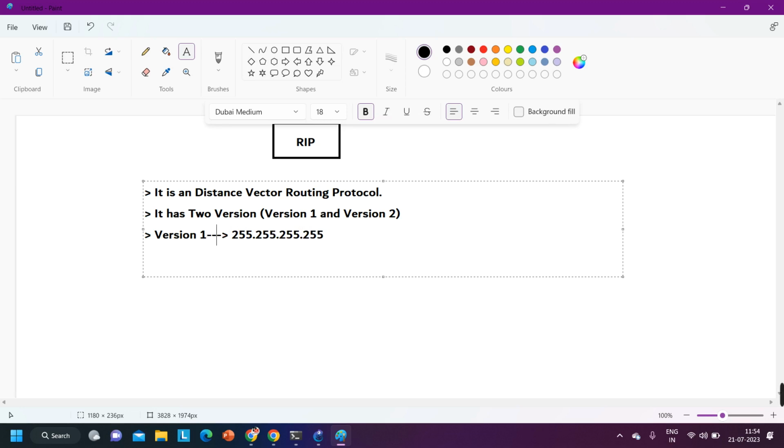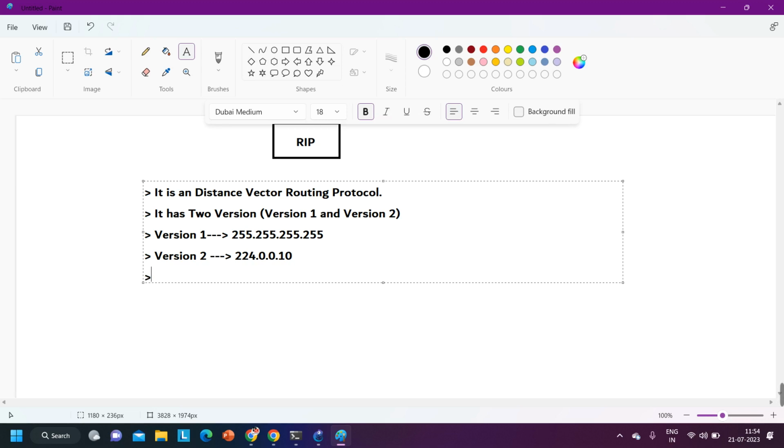And in RIP version 2, it will be multicast. And what is the multicast address? I think 224.0.0.10. Okay, 224.0.0.10 is the multicast address.